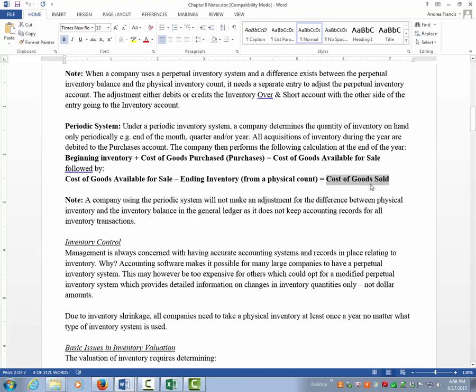So a mistake in cost of goods sold will impact the income statement, thereby impacting net income or net loss, which, if you recall from previous accounting classes, is closed out to retained earnings. So a mistaken cost of goods sold can definitely have an impact on retained earnings. Mistakes in ending inventory will cause problems on the balance sheet because ending inventory is the number that shows up on the balance sheet. So that will also cause some issues in our financial statements.